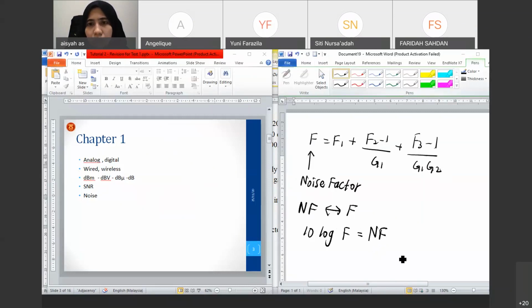So this is the noise figure. NF is the noise figure in dB.